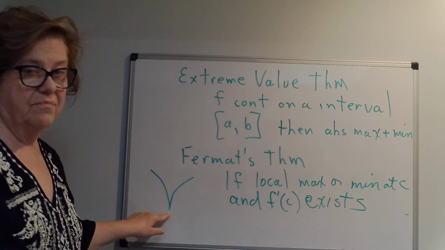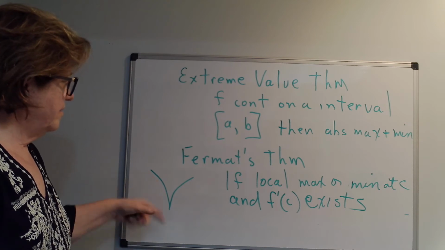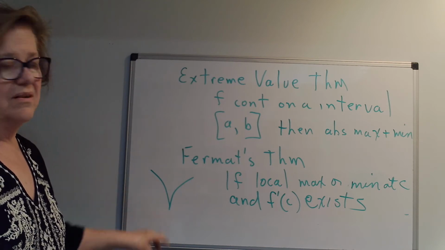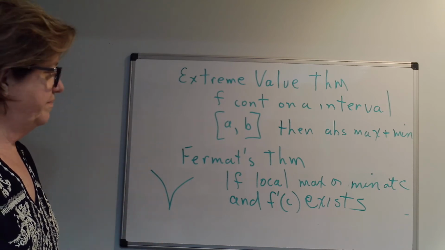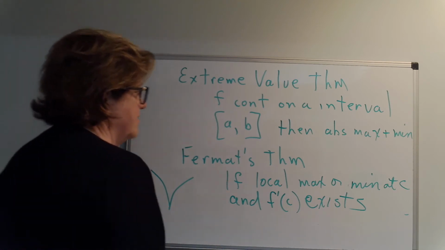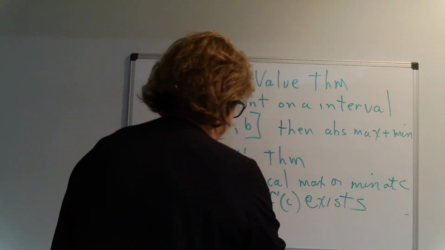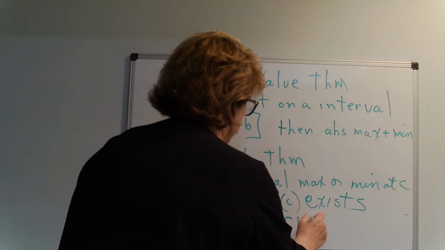This is a local minimum, but the derivative doesn't exist there because it's a vertical tangent. If a local maximum or min exists at c, and f prime at c exists, then f prime at c is 0.